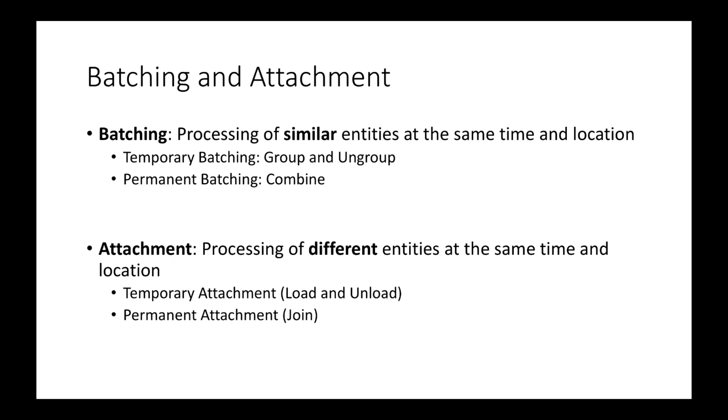However, temporary attachment is the scenario where 2 different entities come together and they stay together for some part of the process, but at some point we separate them, and each one of them goes through its own path separately. For example, we may have a box as one of our entities, and then we may have a pallet as well, and then we put a box on top of a pallet, and then they go through the rest of the process together.